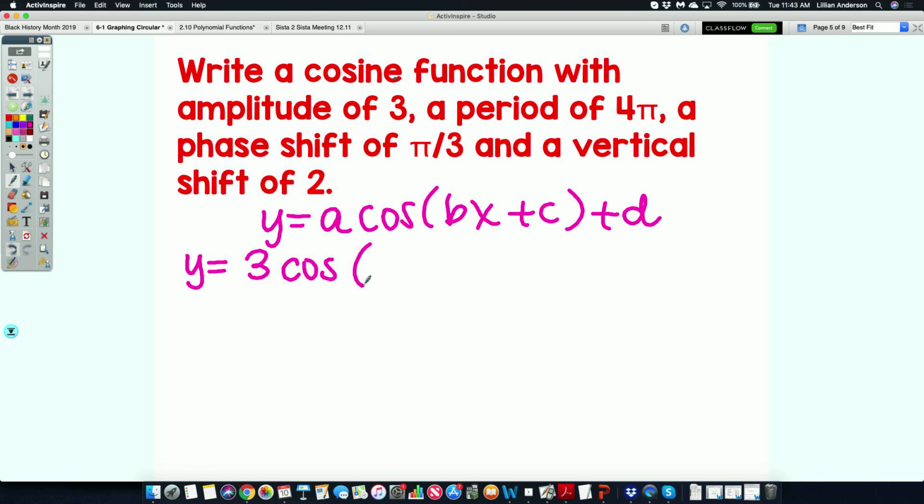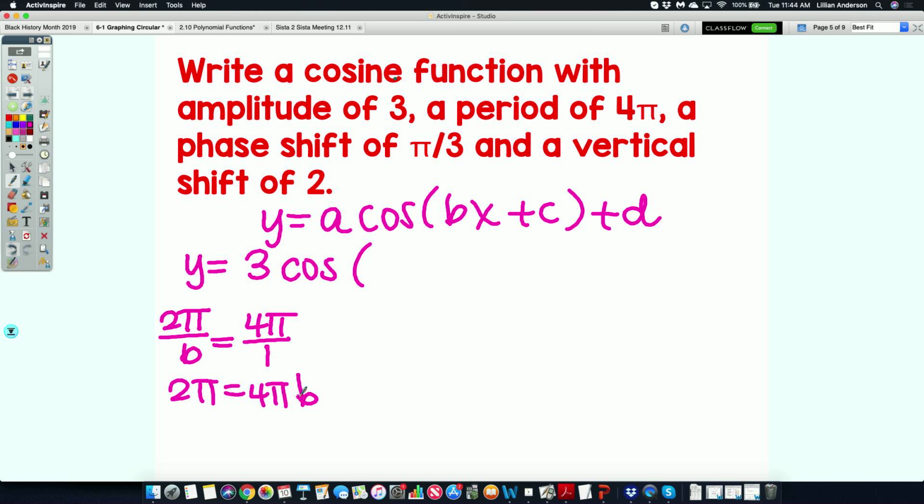What formula involves b? 2 pi over b. And that's going to equal 4 pi over 1. Cross multiply again. That's 2 pi times 1 equals 4 pi times b.